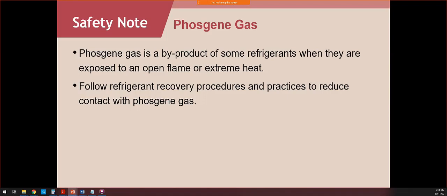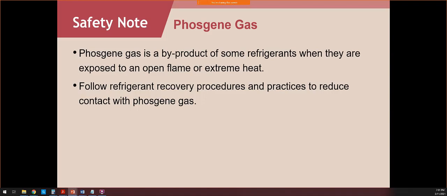With that being said, I actually read an article not long ago. It was actually really informative. Back in the day, this was absolutely true with different types of refrigerants that they used. But even with the advent of R22, you're not going to create phosgene gas from that, okay?